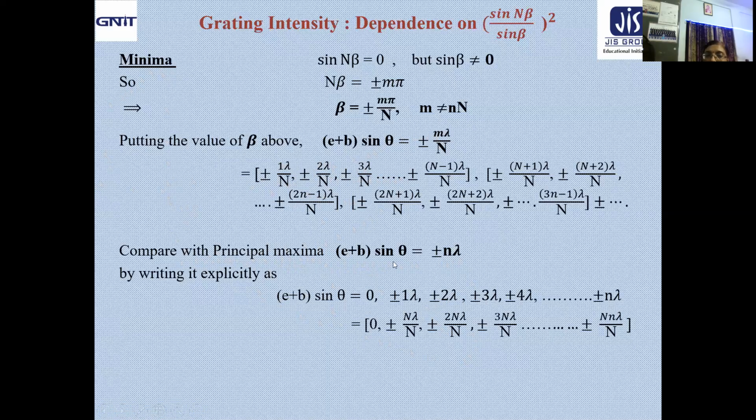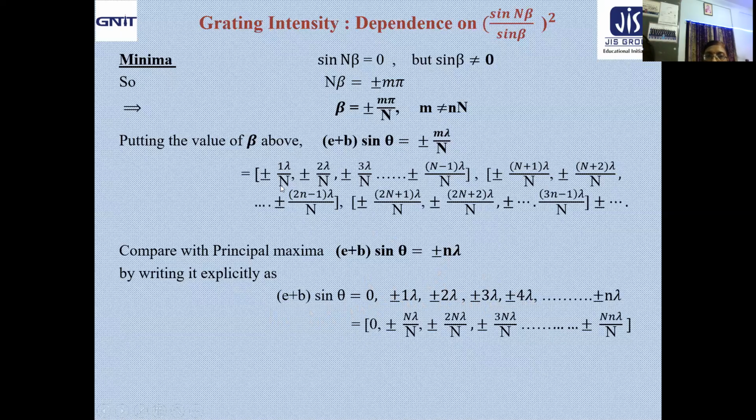Naturally, let us take a look at the explicit formation of principal maxima by taking the values of n, the order of the principal interference maxima. E plus b sine theta, n value with which we start, n equal to 0, the central principal maxima. Next, first order principal maxima plus minus 1 lambda, second order principal maxima plus minus 2 lambda, third order principal maxima plus minus 3 lambda, and so on.